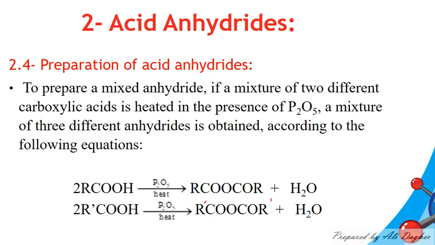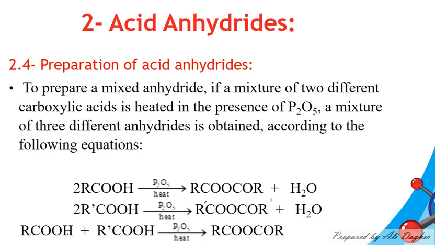And the third possibility, one molecule of the first acid condenses with one molecule of the second acid to produce the mixed anhydride needed. In this case, we obtain three different anhydrides.